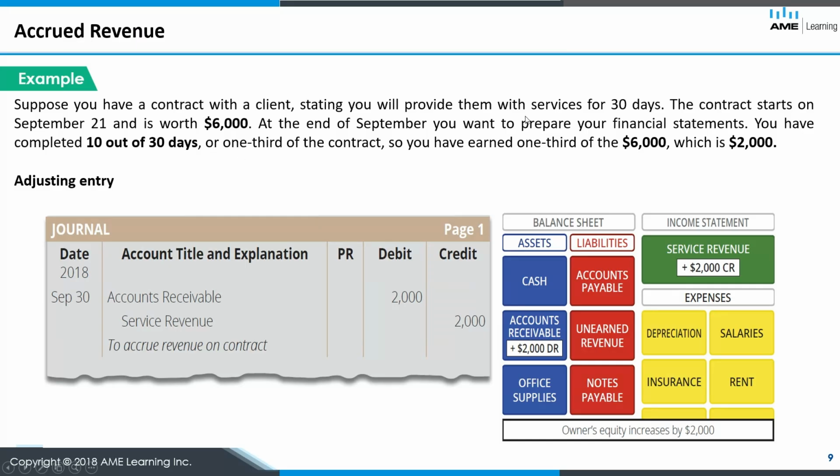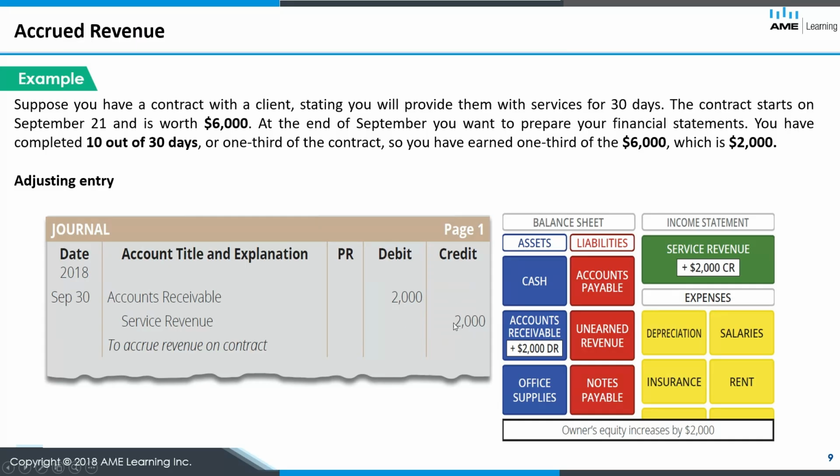So here we've got 30 days. And so if we are trying to account for the amount of revenue earned in September, we have to look at that and say, at the end of that month, how many days did we actually provide services in September? And so basically 1/3 of the contract, pretty easy math, we would see that we've earned $2,000 in September.